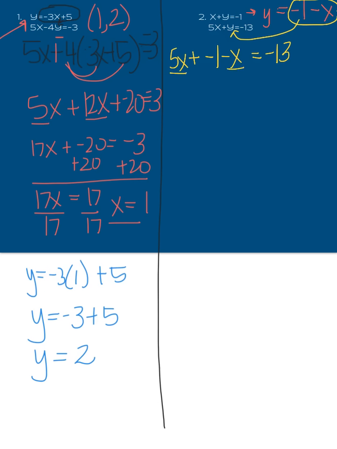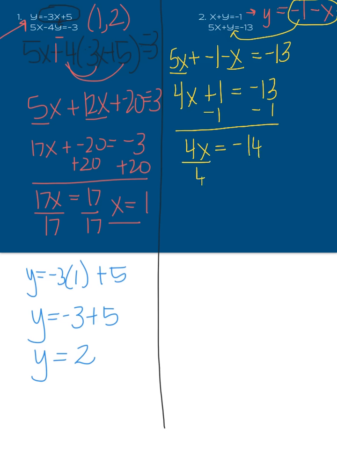So I have like terms. So 5x minus x is 4x plus 1 equals -13. Subtract 1. So I get 4x equals -14. Divide by 4. So x equals -7 over 2.